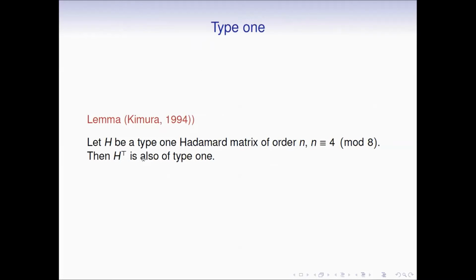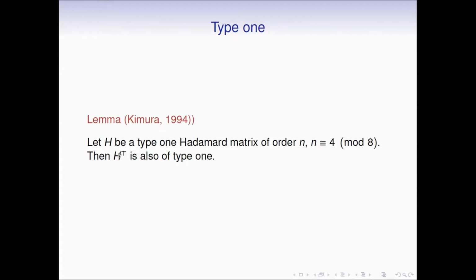And here is a lemma we use in the classification. It's about type 1 Hadamard matrices by Kimura, 1994. It says that if you have a Hadamard matrix of type 1 in order n equal to 4 modulo 8, then its transpose is also of type 1. So when H is type 1, it means that you have 4 rows in this matrix which are of type 1.